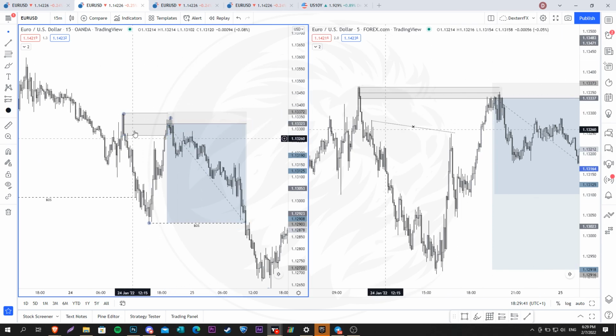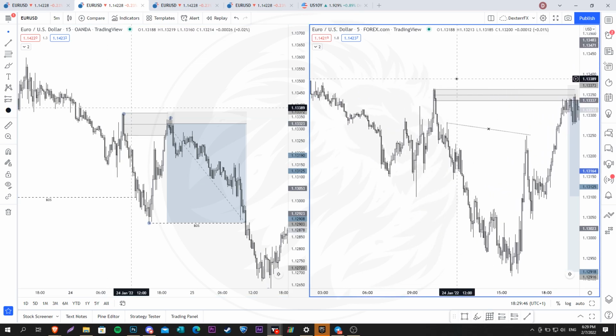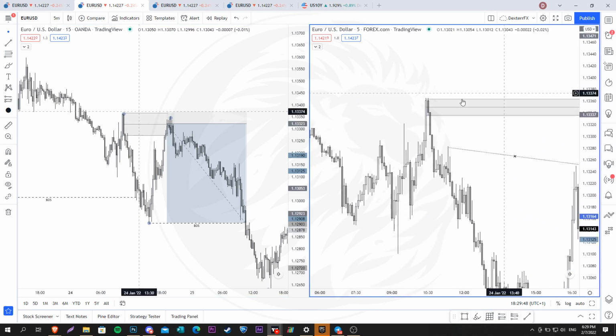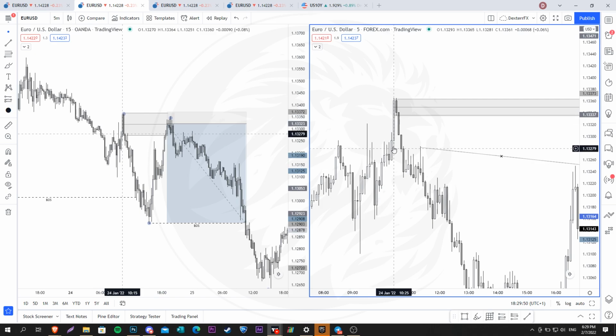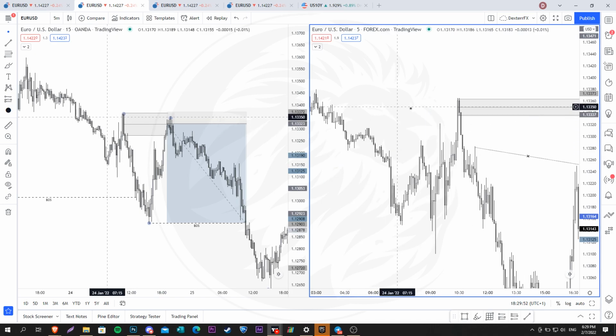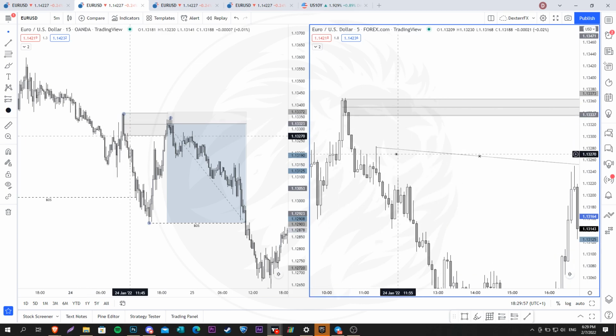So now if we go into a lower time frame into this leg and see where the momentum started, we can see that the momentum started after this big push of liquidity here, which swept equal highs. And also we still have many imbalances that we didn't see in the 15-minute chart.